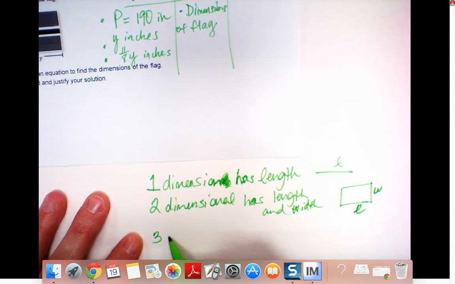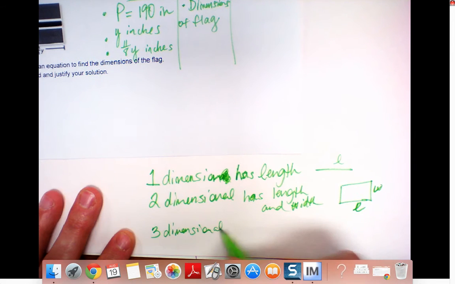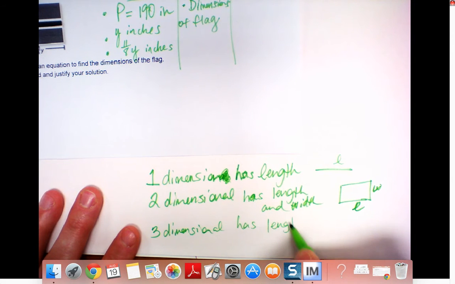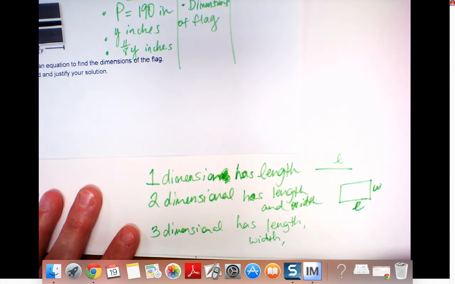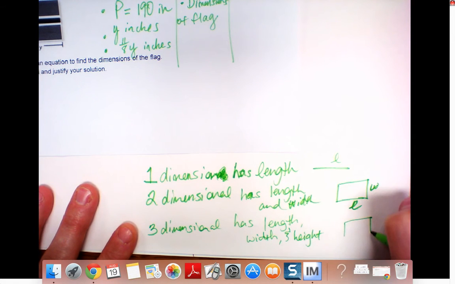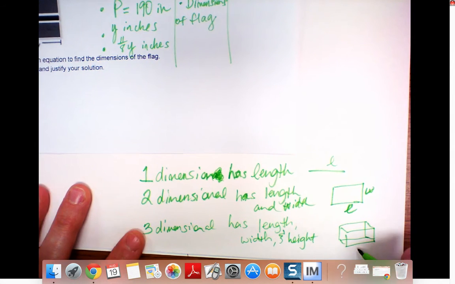Three-dimensional has length, width, and can you guess the third? And height. So if I was going to use a shape, I could draw a rectangular prism. That has length, width, and height.